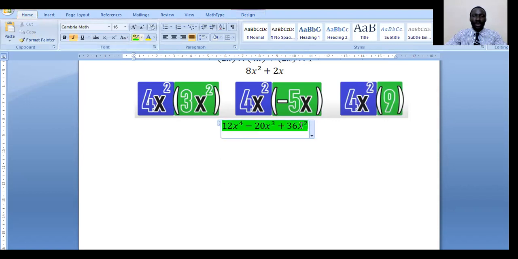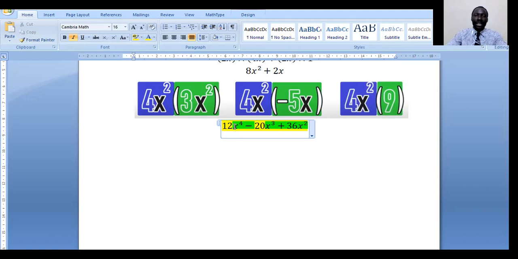You would want to ask, can't we combine these quantities? Can't we combine 12, for example, with 20? Unfortunately, no, because 12 and 20 are coefficients of different values of x.